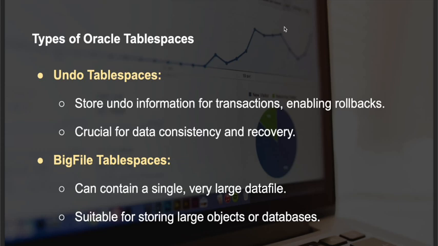One of the benefits is simplified management. Fewer data files to manage reduces administrative overhead. Operations on the tablespace often replace the need to work with individual data files. Also, it increases storage capacity. Bigfile tablespaces can accommodate extremely large data files, enabling the storage of vast amounts of data.